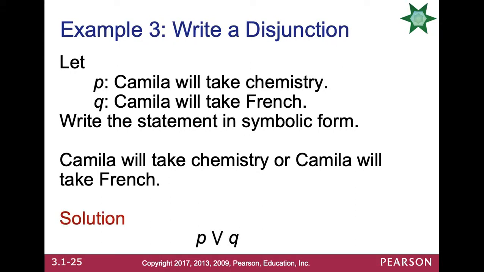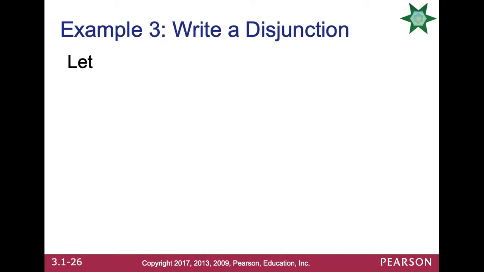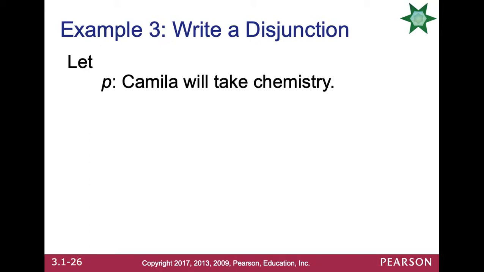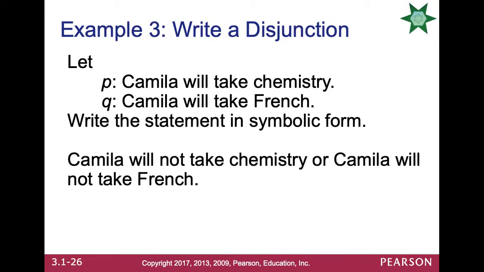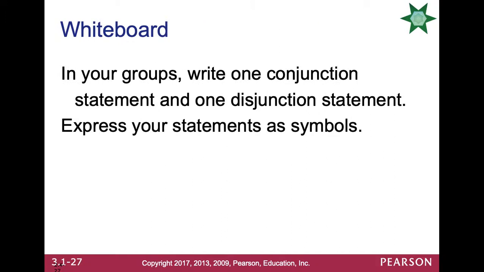We can write that as P or Q. Now suppose we write it with a negation: Camellia will not take chemistry, or Camellia will not take French. The solution is not P or not Q.